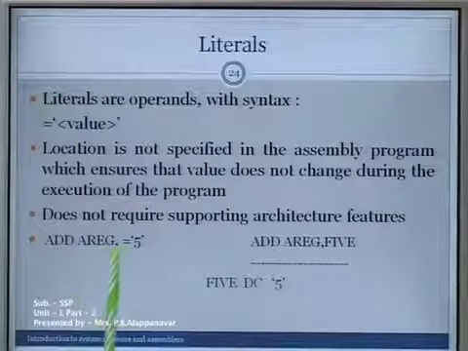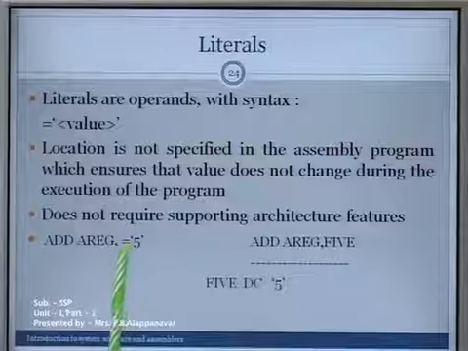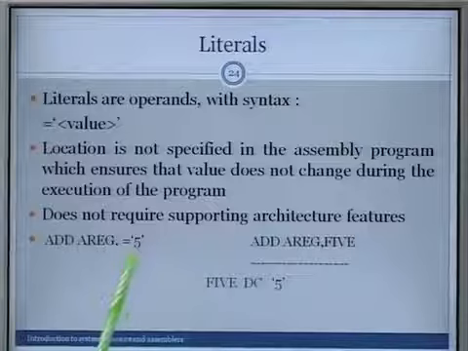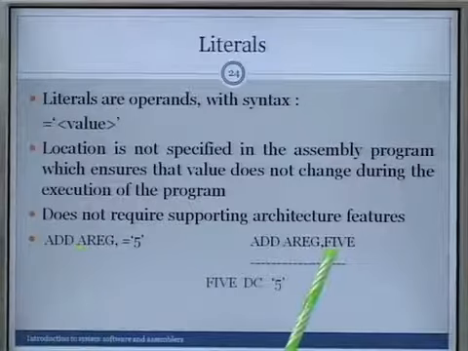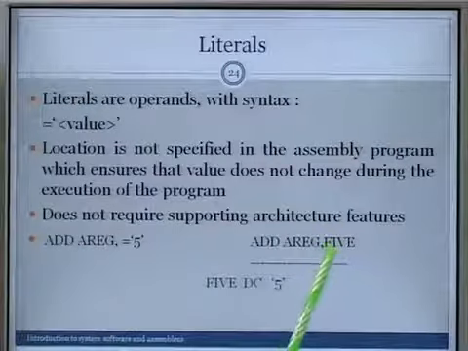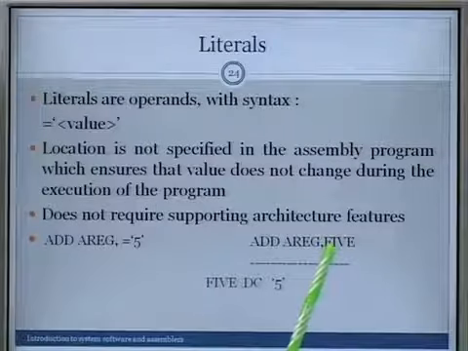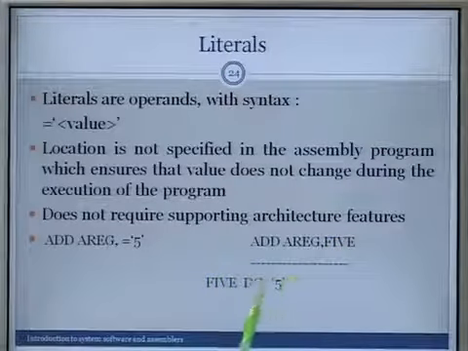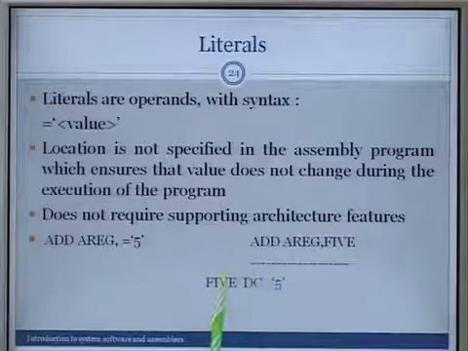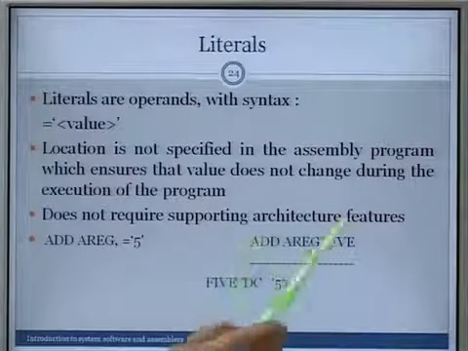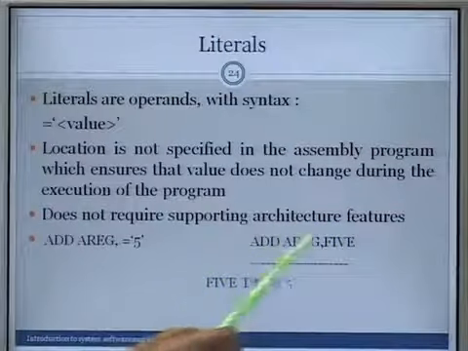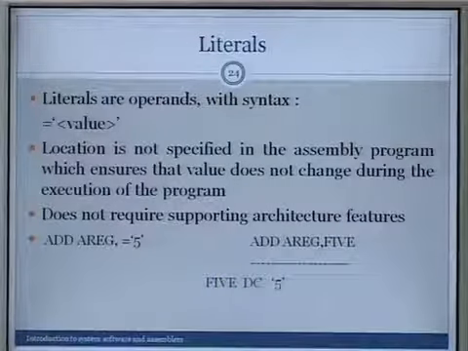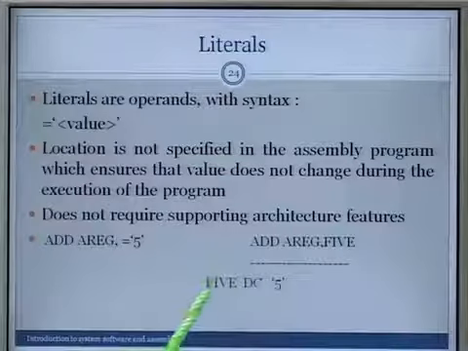Now when a literal is encountered by an assembler, it automatically produces these two statements. That is, it will give a memory word a symbol name called FIVE, and in that FIVE it will place the number 5. These symbol names are not available to the programmer. Since this symbol name is not available, the programmer is not able to move any contents into that particular memory word.